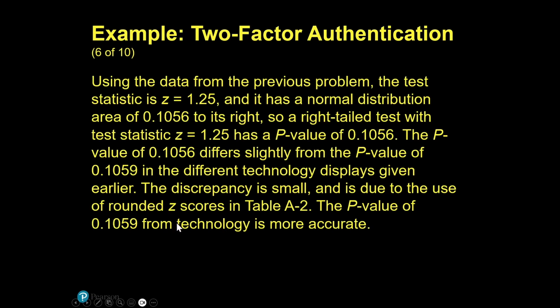So the thing is, if you're using technology, as we've talked about before, the p-value or the area that we look up will be slightly different. So here the p-value would be 0.1059 if you're using a computer or a calculator, but 0.1056 is what you get if you use 1 minus the area in table A2.